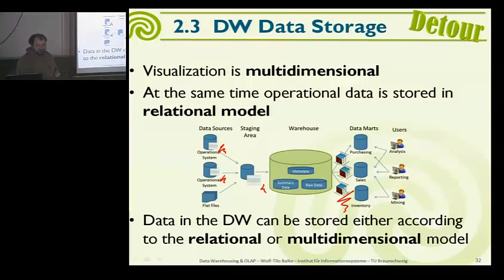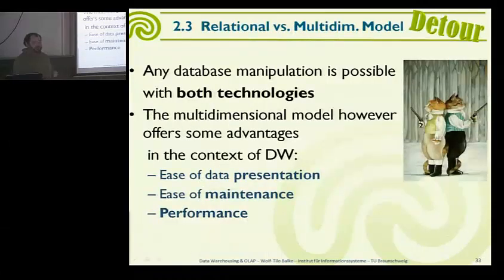You have to let something happen, right? The interesting thing is, if you look at the relational model and the multidimensional model, you will find out that the database manipulations that are possible in the relational model are also possible in the multidimensional model, and vice versa. Right? It's kind of the same thing.